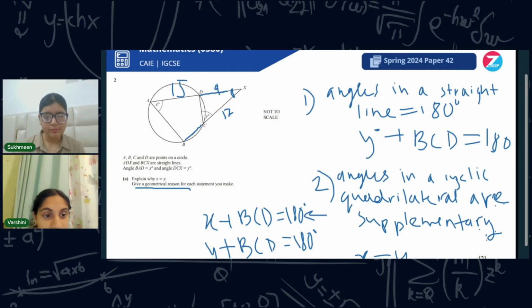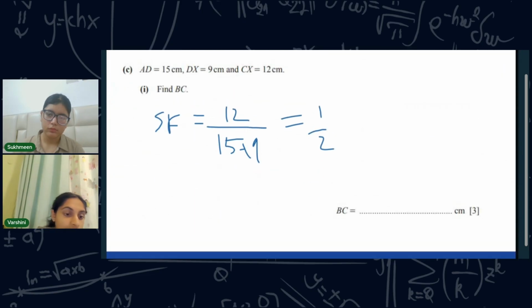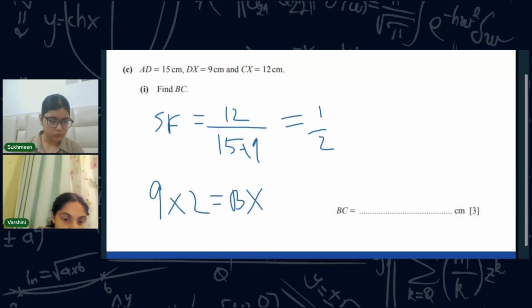DX is going to correspond to BX, so all we have to do is scale this up. 9 into 2 equals BX, which is 18.